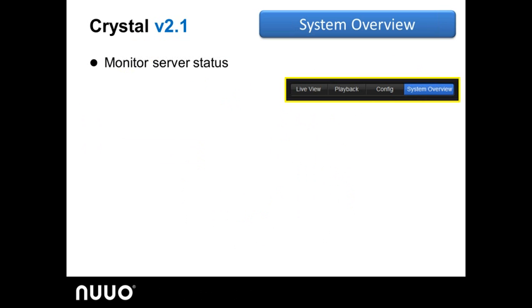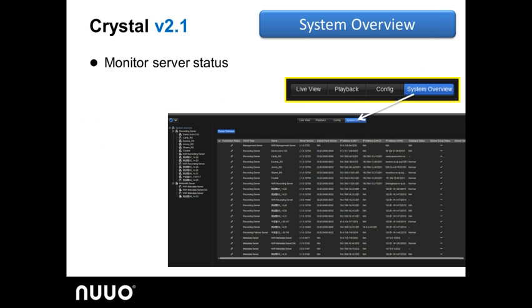First, of course, is the server overview. Once you go to the system overview page and click on it, you will see a long list of all the servers in your system.